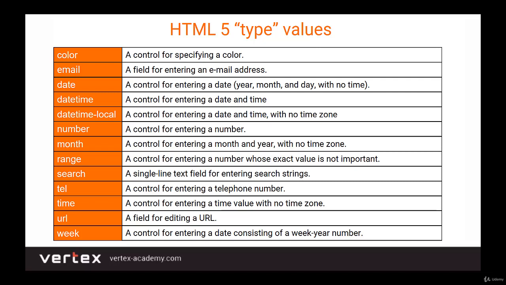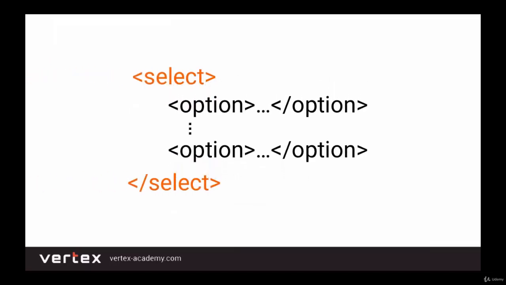The last element that we're going to talk about is a drop-down list, where you can select one option among several listed. To create such a list, you actually need to use a select tag instead of an input tag. Unlike the input tag, the select tag is paired.